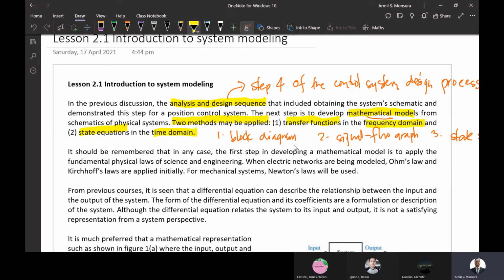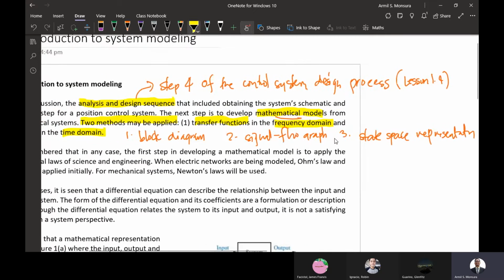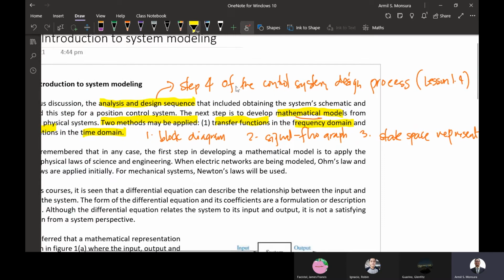Ngayon, in relation to these three mathematical models that were specified by the control system design process, ang transfer function can lead to a block diagram or a signal flow graph. So, ibig sabihin, kapag nakakuha tayo ng transfer function ng inyong system, okay, we can actually draw a block diagram representation or a signal flow graph of such system.